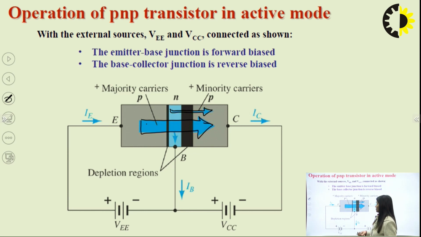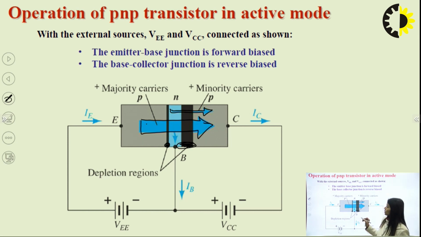Here the depletion region widths are also being shown. Since this is a forward biased region, the depletion width is very small, and since this is a reverse biased junction, the depletion width is very large. So we can explain this also.